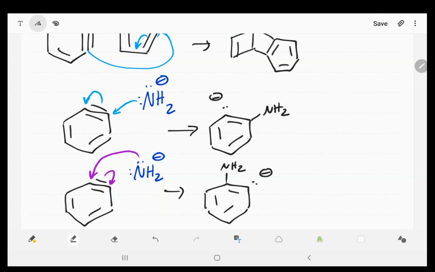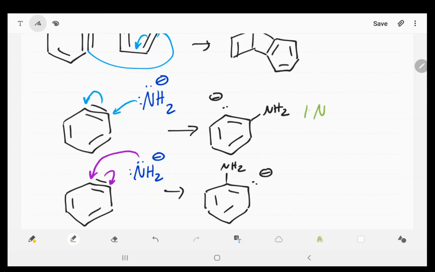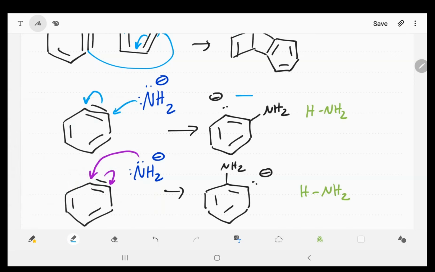And then we just need to go ahead and take our dear friend the ammonia, which we produced in one of the last steps. We're just going to have our benzene act as the base. It's going to go ahead and just steal a proton.